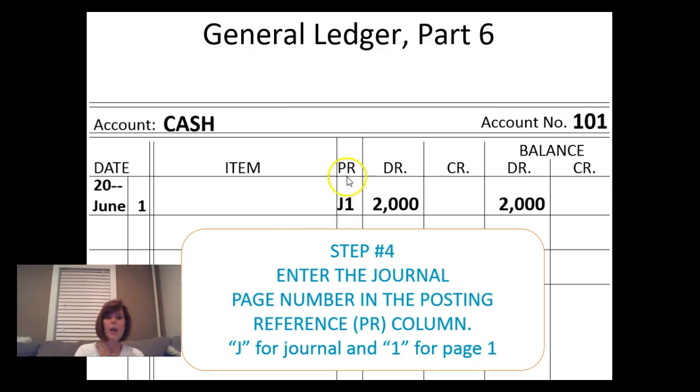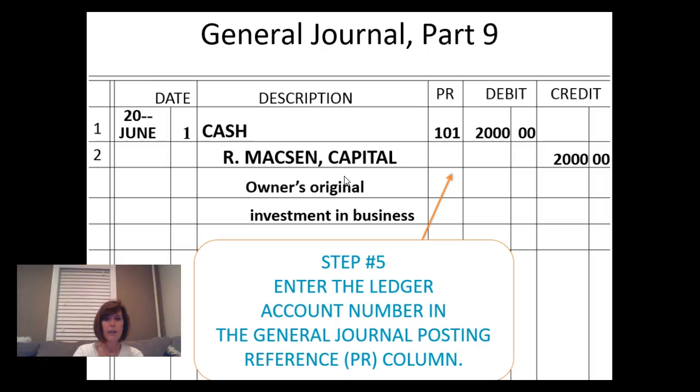Then you're going to indicate where in the journal this entry appears. So J for journal, 1 for page 1. Now you're going to go back to your general journal, where PR is the posting reference, and indicate account number 101 is where this entry has now been posted.